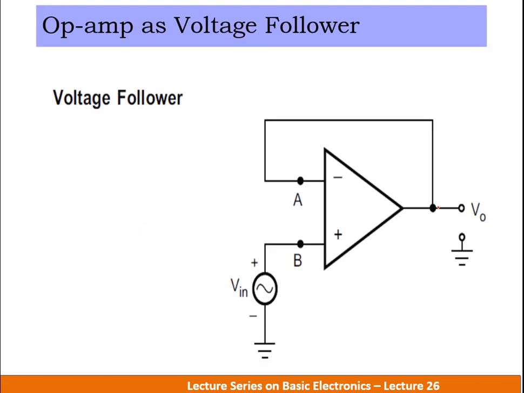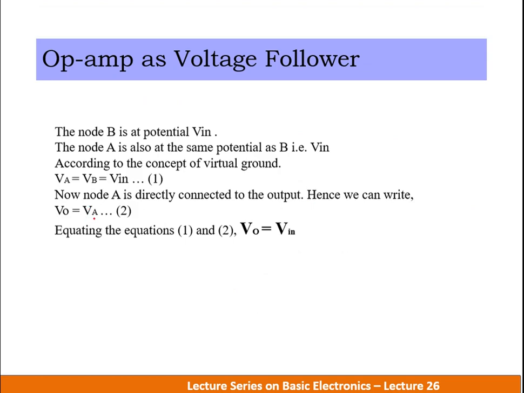Equating equation number 1 and 2, VO becomes equal to Vin. This says that for a voltage follower, the output follows the input. Hence it is called a voltage follower: output voltage is equal to input voltage.